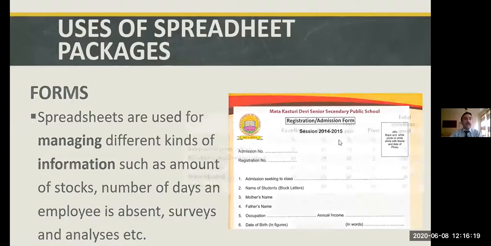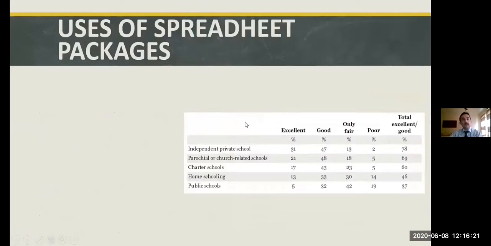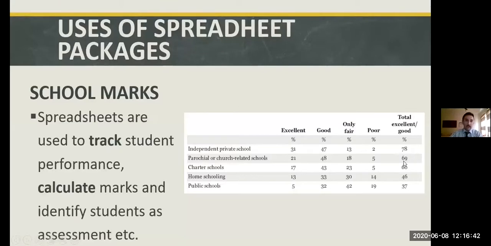Okay, and the other one, as you see here, is an Excel worksheet, and there are some records and numbers as a percentage. We are saying that school marks, and you can make some calculation to find, for example, average or the percentage, like this, okay?